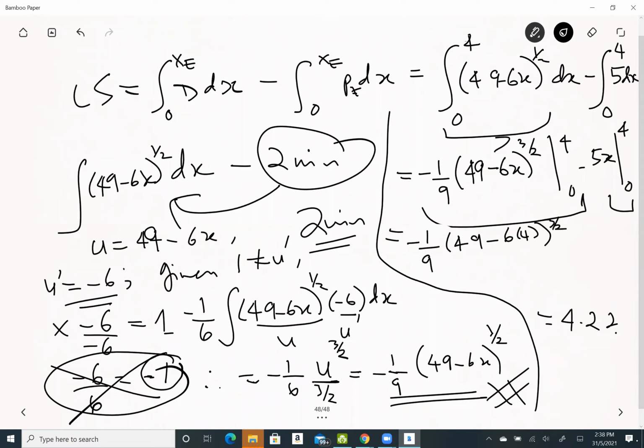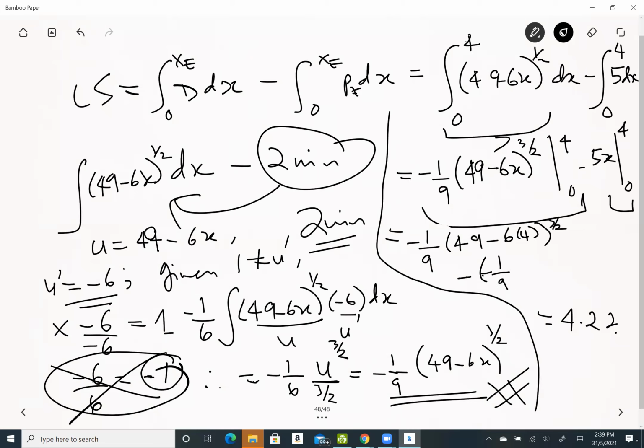So you get something here. And then that is for the first integral. Minus the value at 0. So you got negative, minus 1/9.